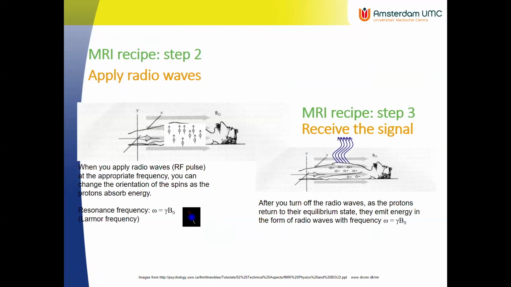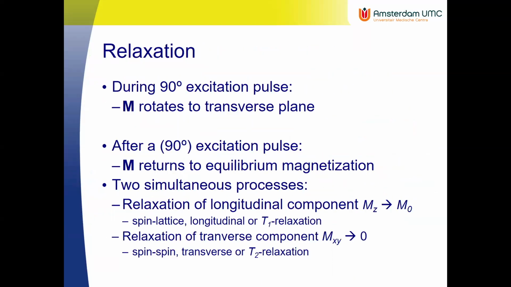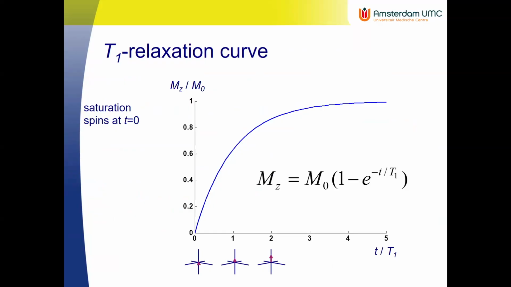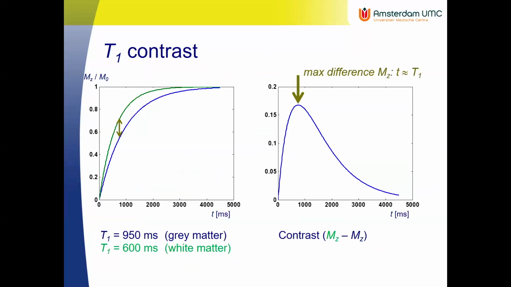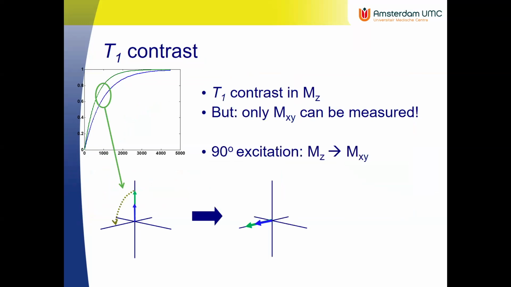And that dies out because the transverse magnetization also dies out, which is the T2 relaxation we're going to talk about in a minute. So we need to convert the longitudinal magnetization into transverse. And the only way to do that, as shown on this slide, is by doing that 90 degrees excitation pulse, and then it's in the transverse plane, and we can measure it.